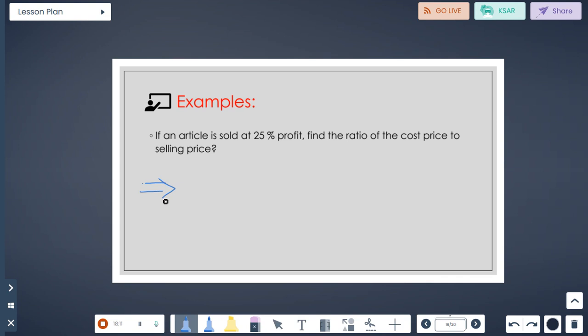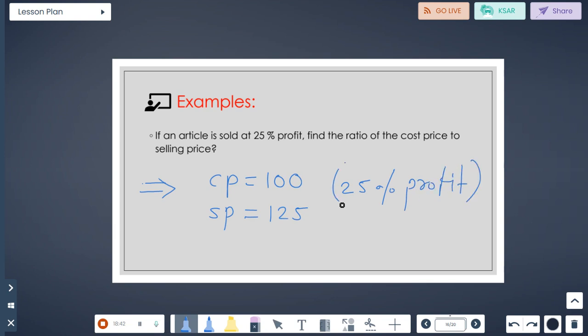Suppose the cost price is considered as 100, and for 25% profit the selling price, SP, becomes 125.